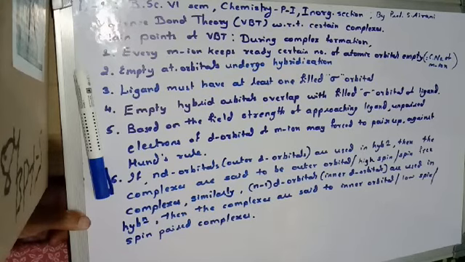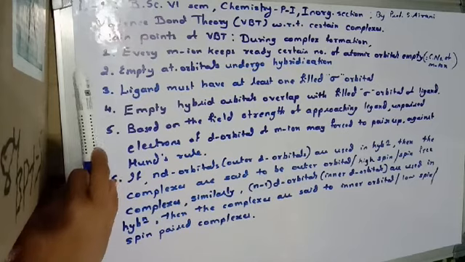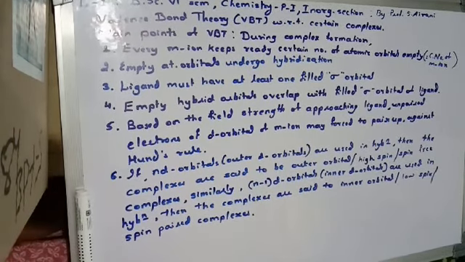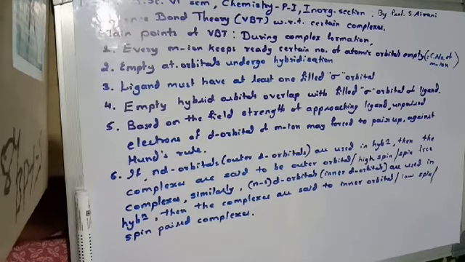Now in this sem, under the first chapter, coordination chemistry part 2, the first theory is valence bond theory. So what does valence bond mean? It is the bond formed by sharing of electrons along with the overlapping of orbitals.